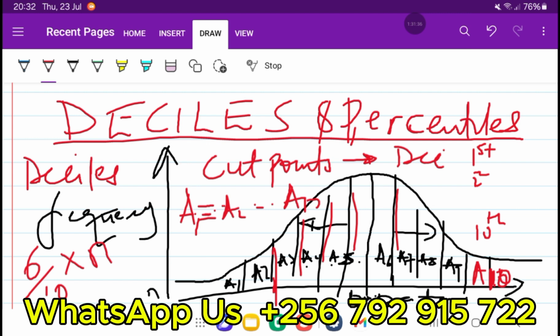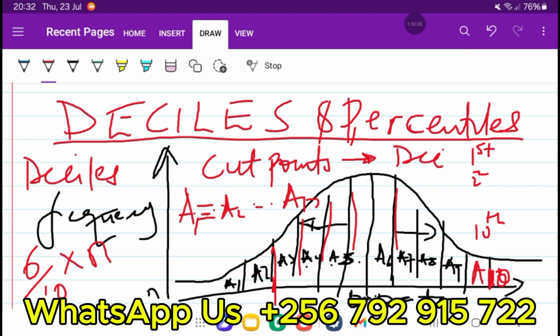So that's why you find that the decile and the percentile are under the grouped frequency, because that's where they always give you the frequency which is a little bit high. The total frequency can be maybe 50, 40, 20, 100, 200, 500, depending on the data set that has been given to you. That's where most of the times we compute the percentile and the deciles.